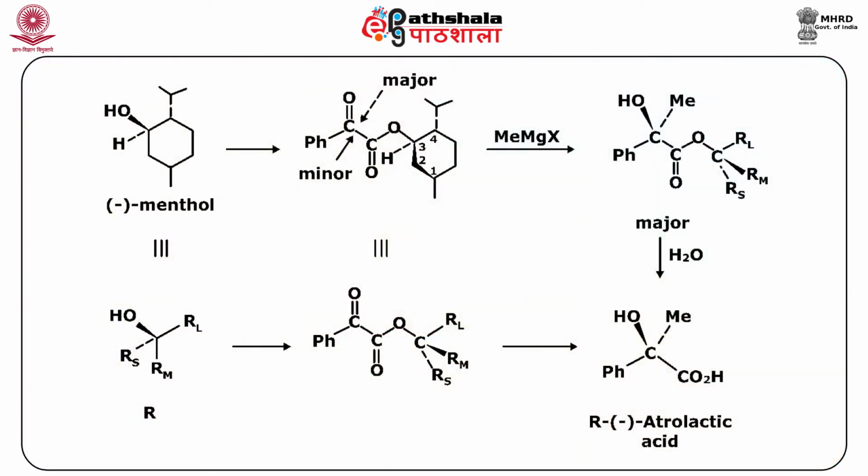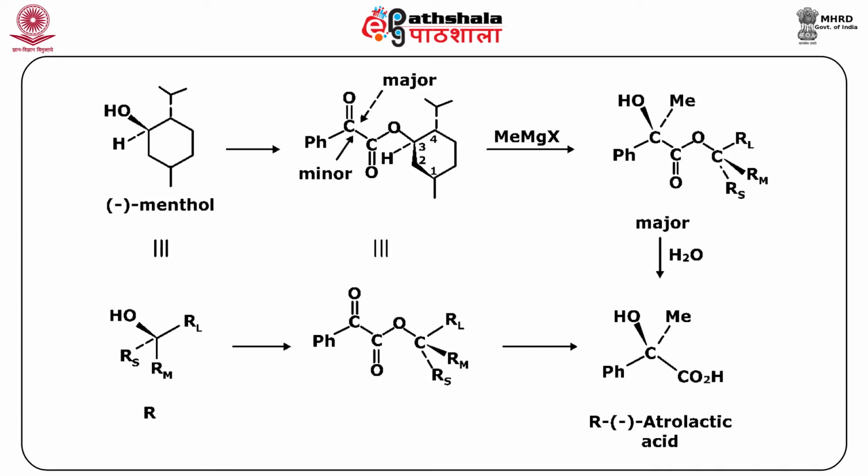The ester of phenyl glyoxylic acid is so written that the two carbonyl groups are anti-periplanar as in structure 9, figure 9, and the larger group RL, carried at C4 at the chiral center of the alcohol moiety, is on the same side of the ketonic carbonyl.